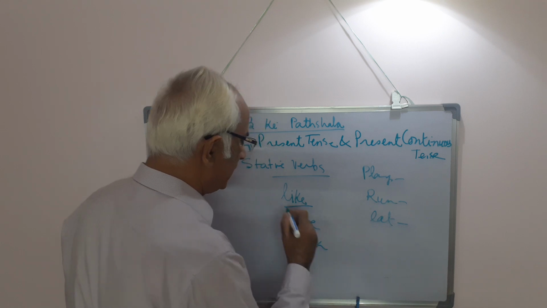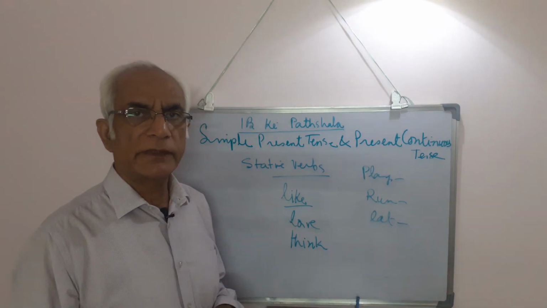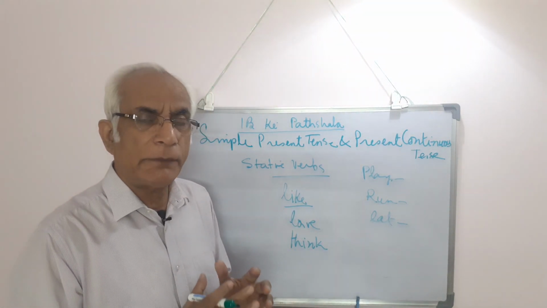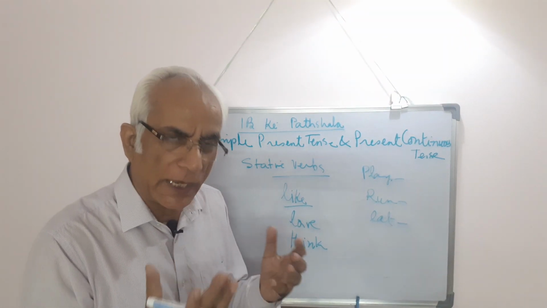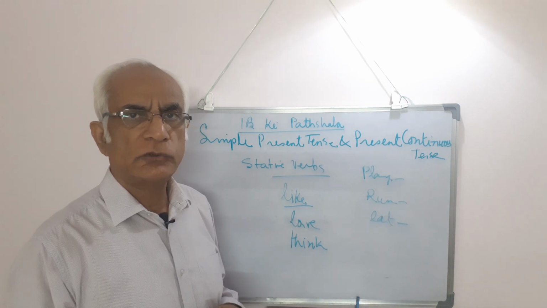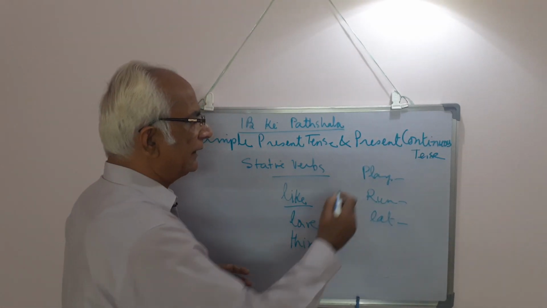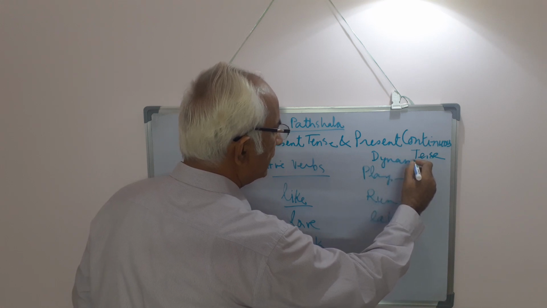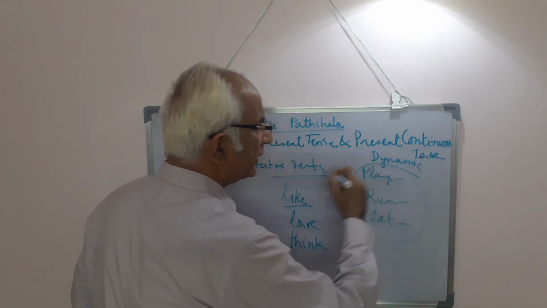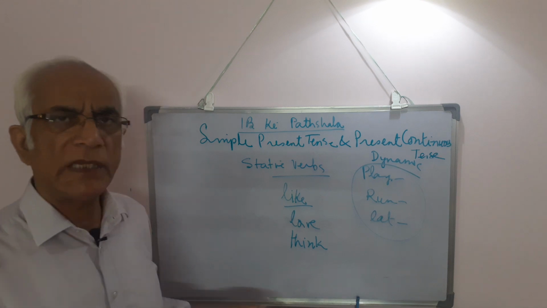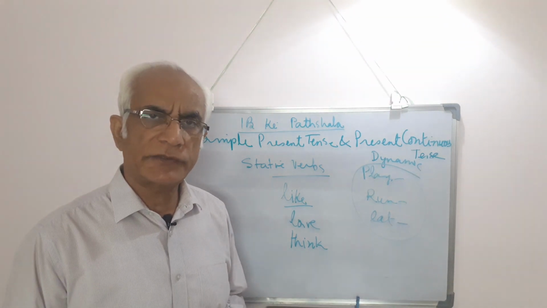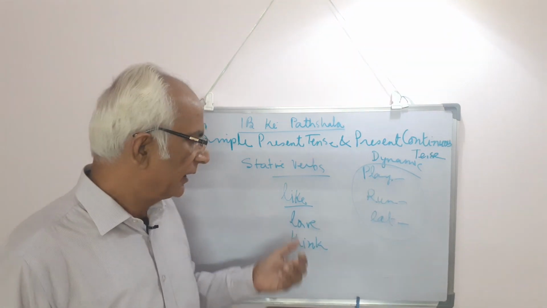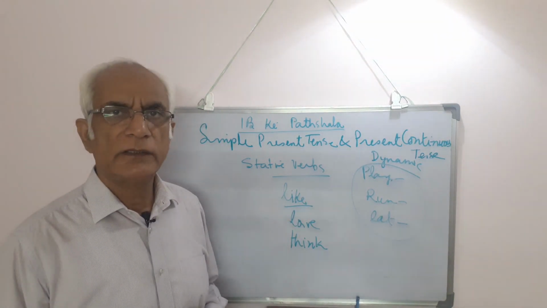I think he will be late today. So these verbs which do not describe an action, you can't see an action happening, are called stative verbs, and these are called dynamic verbs. Dynamic because you can see some action happening or some event taking place or some activity going on. Here you can see some activity or some action. Here you can't see any activity.